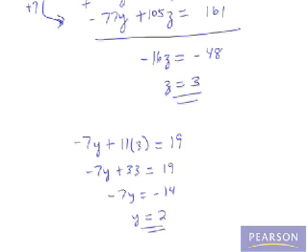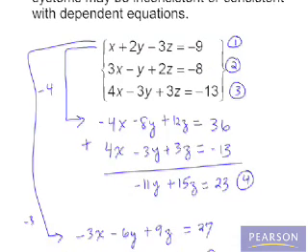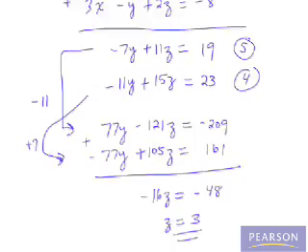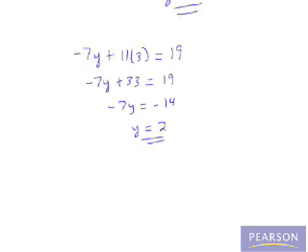So we need to find x yet, so we'll choose one of the three original equations, either 1, 2, or 3. And we're going to choose equation number 1. We'll substitute our value of z in, which was 3, and we'll substitute our value of y in, which was positive 2, and solve that for x.